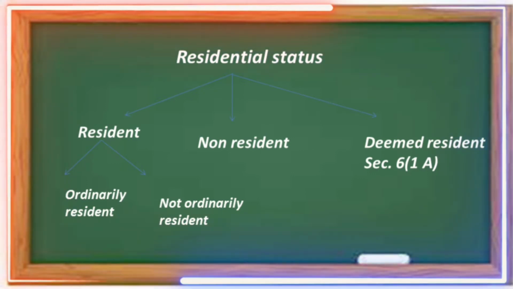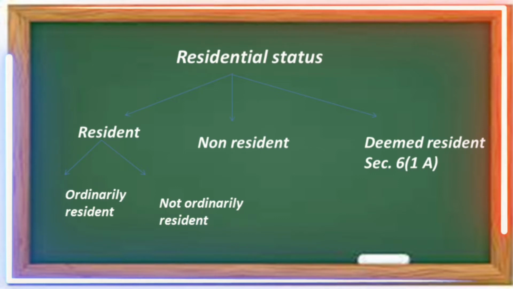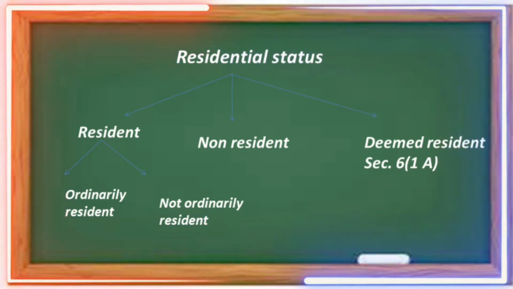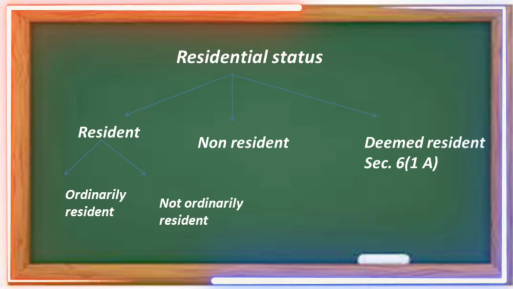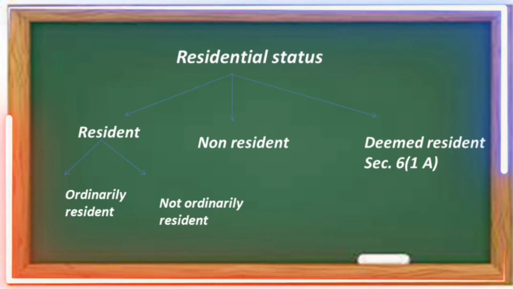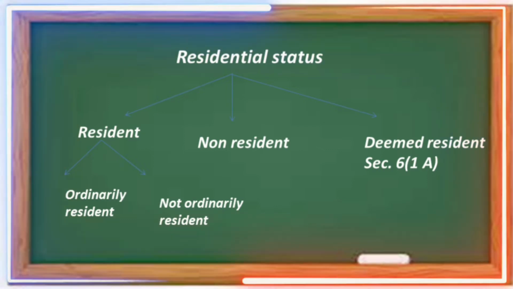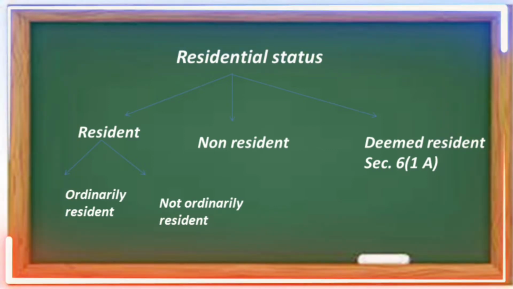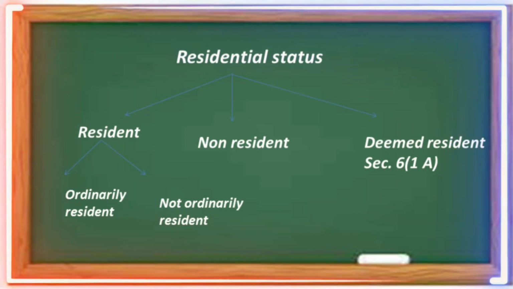An Indian who is a citizen of India can be non-resident for income tax purpose, whereas a German who is a citizen of Germany can be a resident of India for income tax purpose. Residential status of a person depends upon how many days he has physically stayed in India.